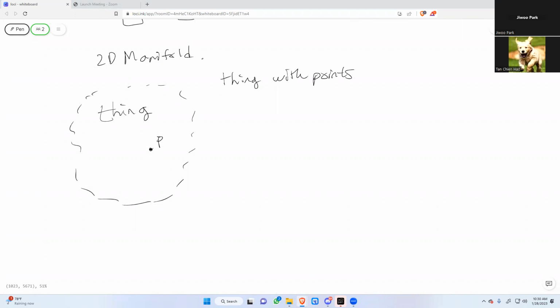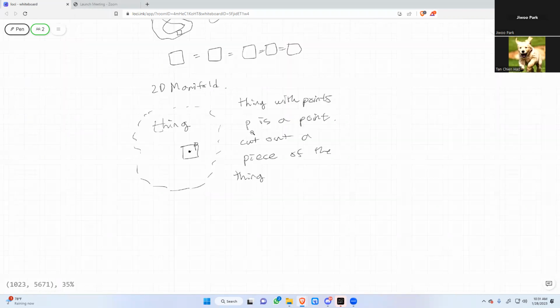So let's say that P is a point. Then you can just cut out a piece of the thing so that the piece contains P.